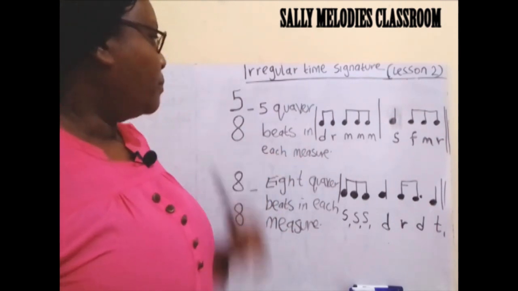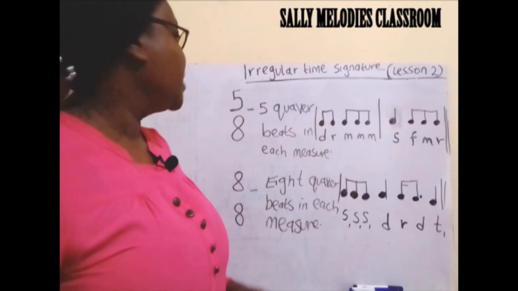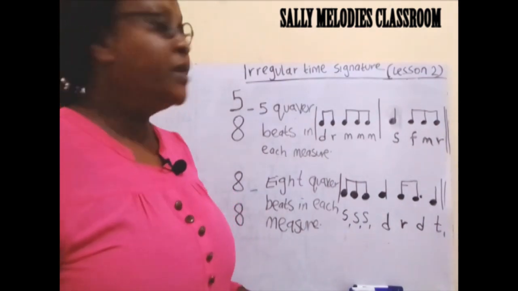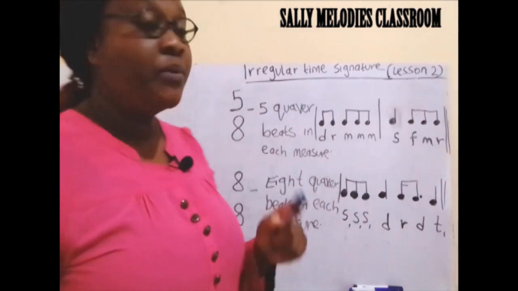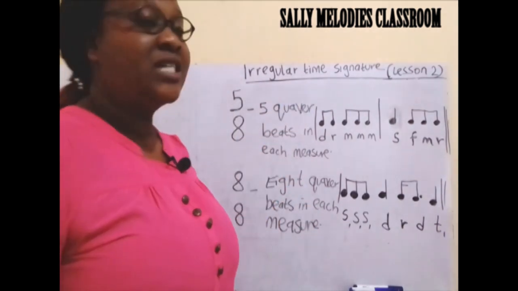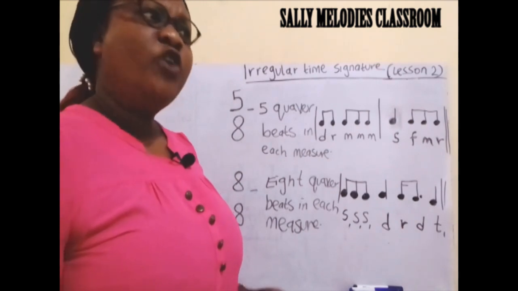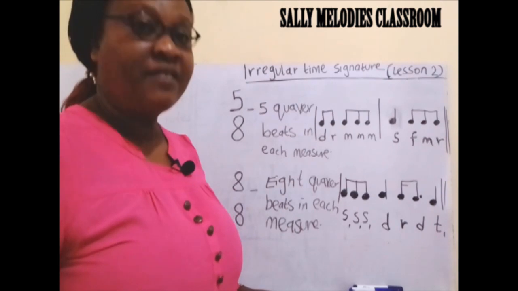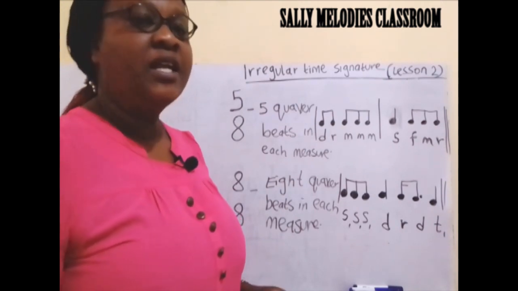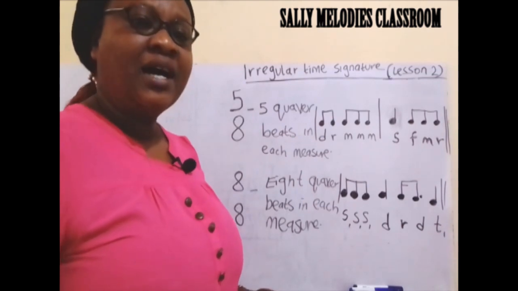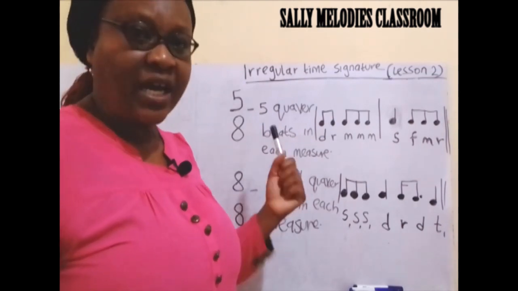The first example here is a 5/8, and we said that in most songs you will find a 5/8 is a bit common. Remember we said that this irregular time signature forms African rhythm. Even in our keyboard organ, we don't have the African beat.